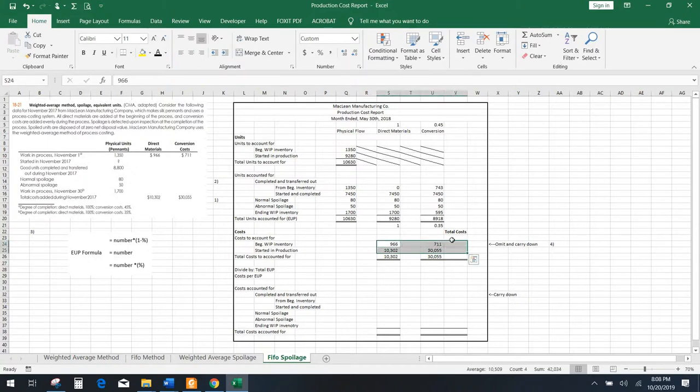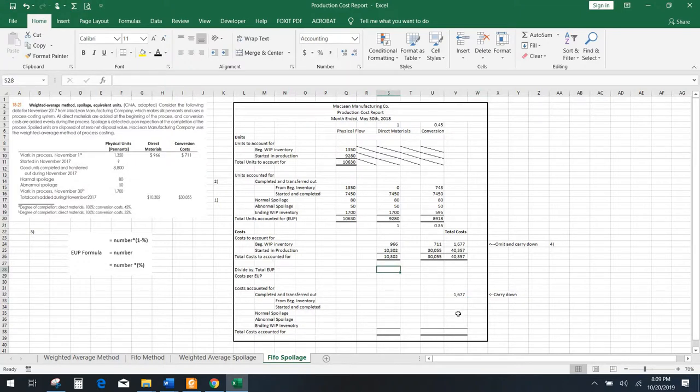Now we'll get a total over here. Okay, and this number, it says omit and carry down, so we're just going to put 1677 here. Okay, now it says divide by total EUP.